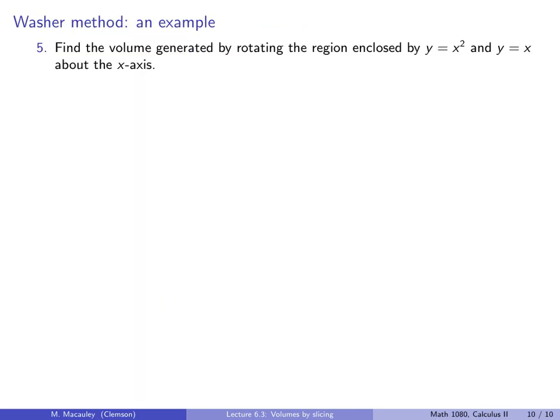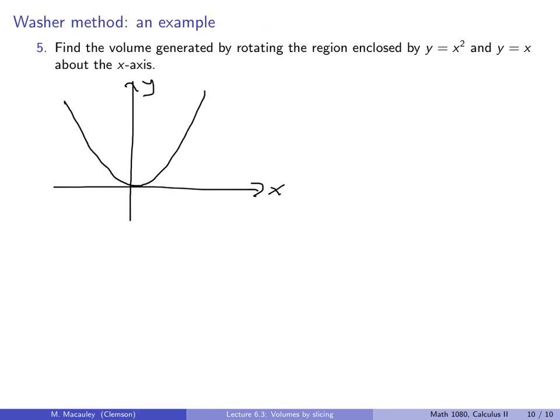Let's find the volume generated by rotating the region enclosed by y equals x squared and y equals x about the x-axis. So first thing you should always do here is, again, draw a picture. So let's plot these things. Here's our x and our y-axis, and y equals x squared looks like this. I've exaggerated it slightly so I can draw this.